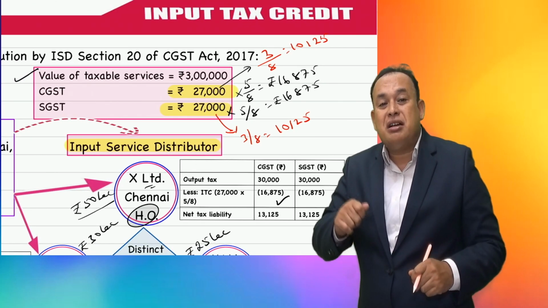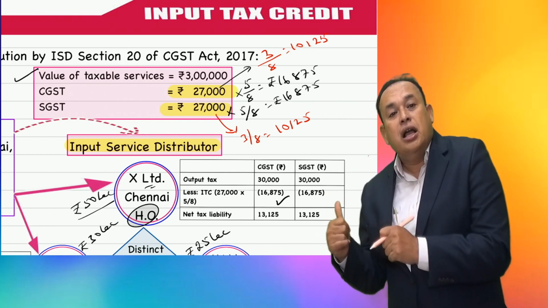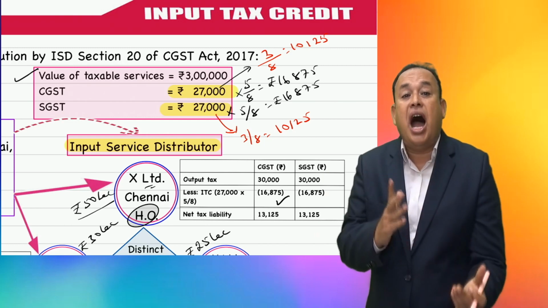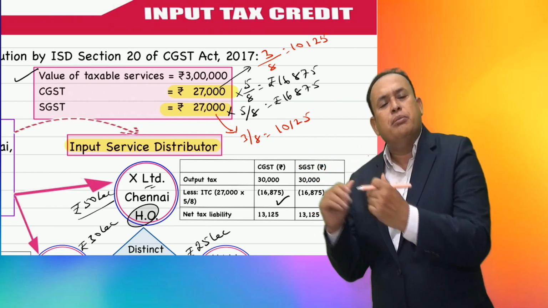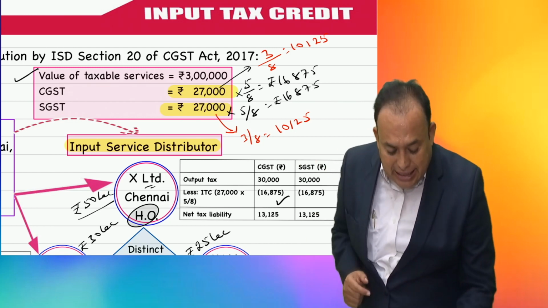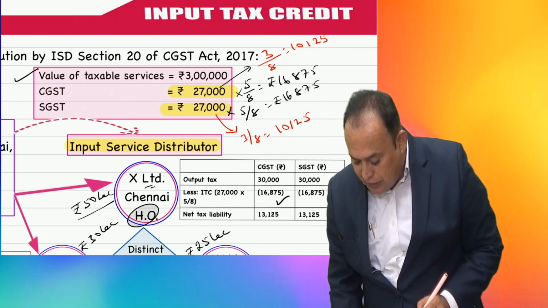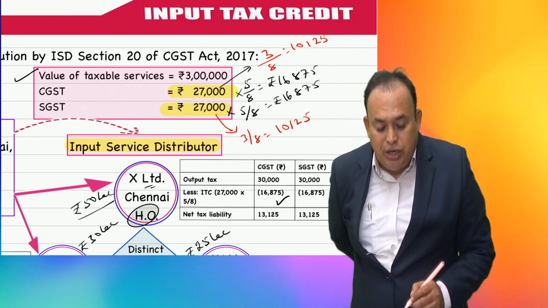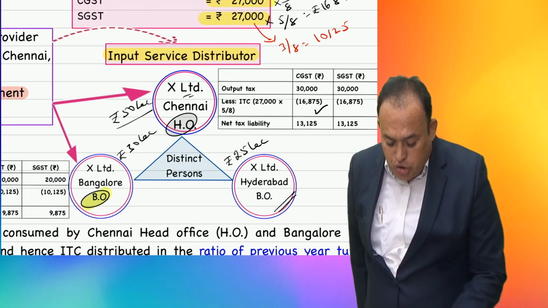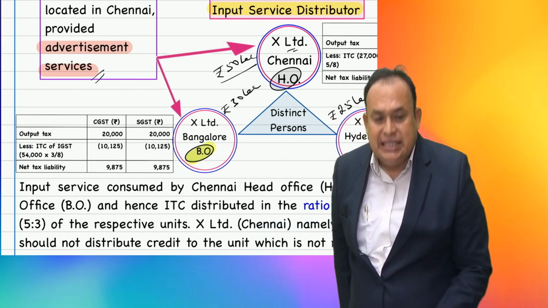If you want to transfer the CGST SGST credit to the state of Karnataka, you have to transfer CGST SGST as IGST as per Section 20 of the CGST Act. That means 10,125 plus 10,125 is equal to 20,250. Correct? It should be transferred as IGST.